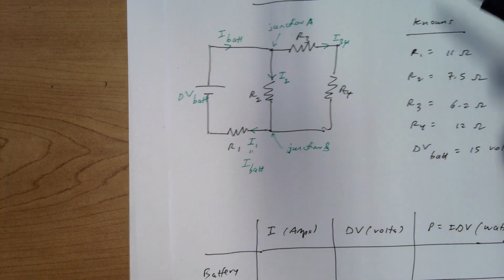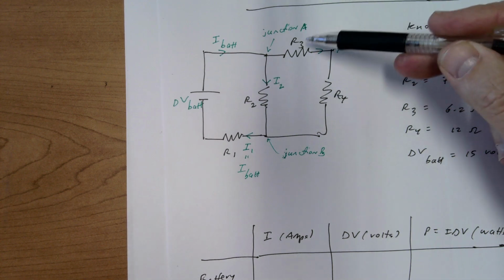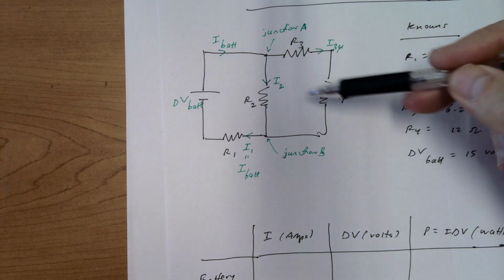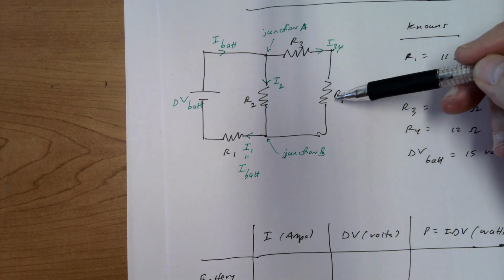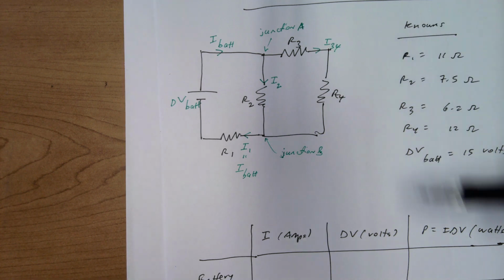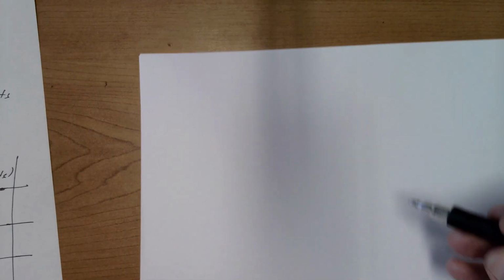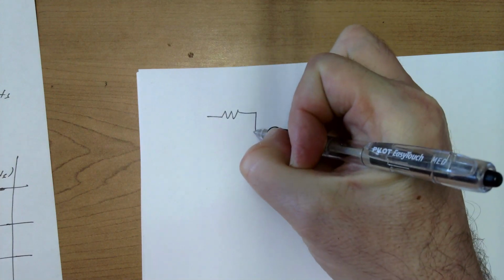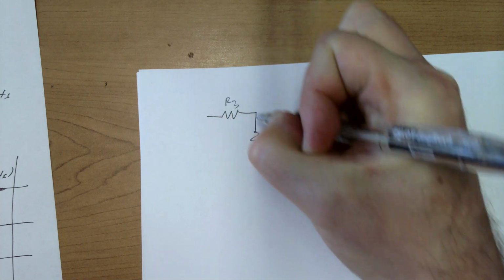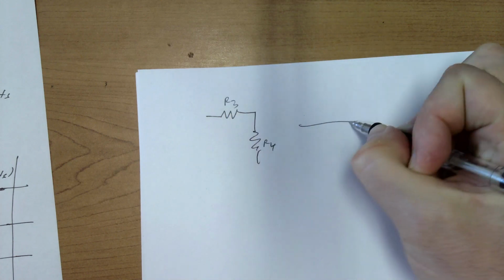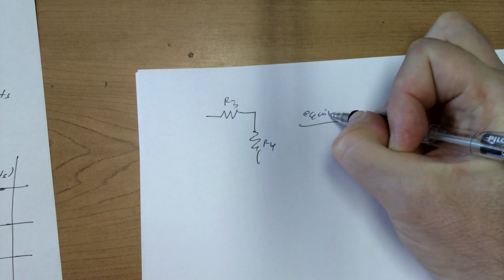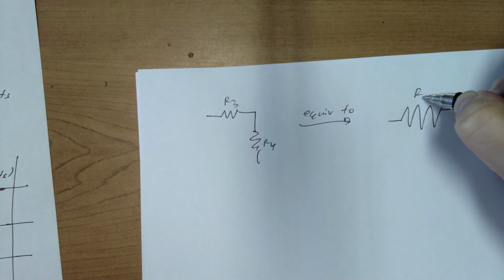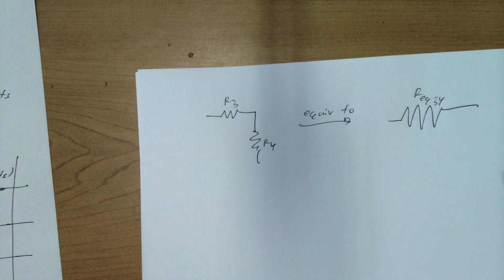The first thing we're going to notice is that these 2 resistors are in series, and so we're going to make those into an equivalent resistor that I'm going to call R34. I'm going to show that step here. R3 and R4 is equivalent to a single resistor, REQ34.